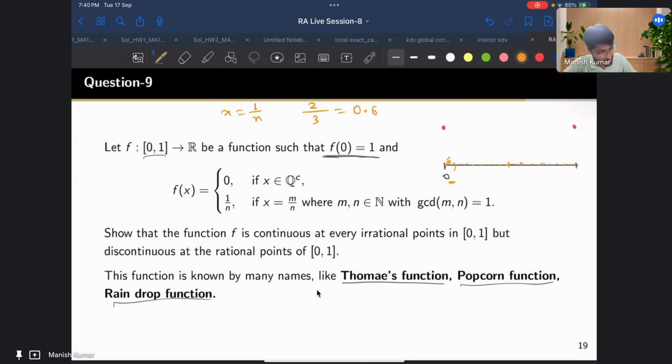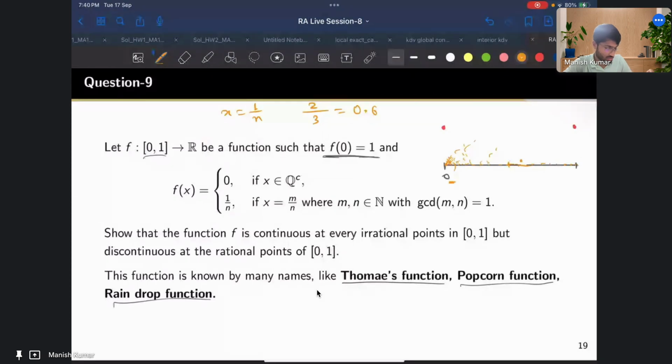Here the functional value is going to be 1 by 3, which is 0.3 kind of thing. So it will be lying here, somewhere. So the way I am making you understand is kind of discrete. I'm taking discrete points precisely. But if you look at the actual graph, it would be more like this kind of thing.